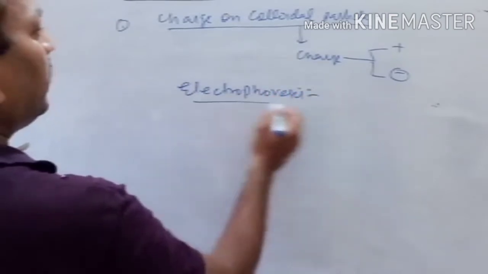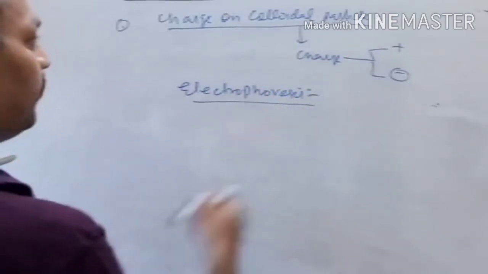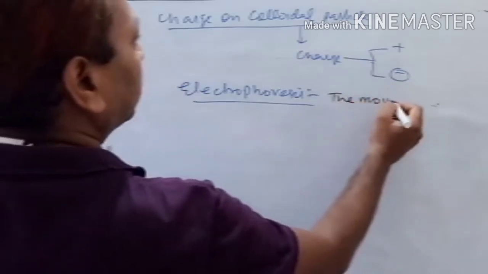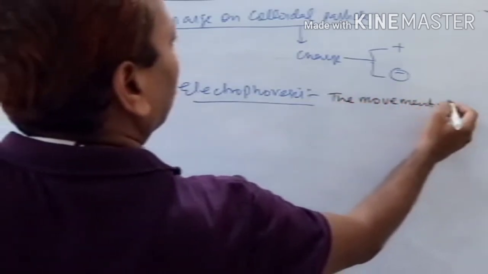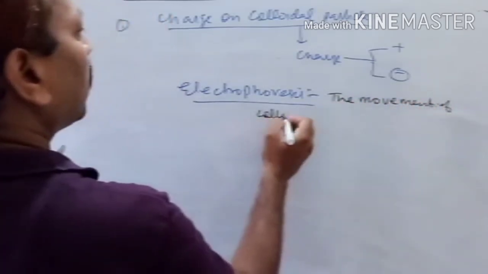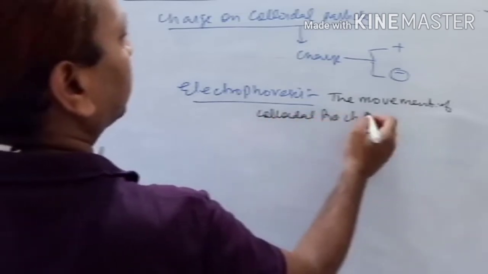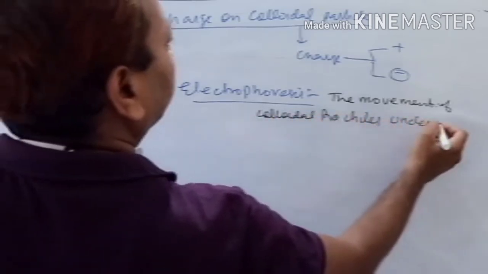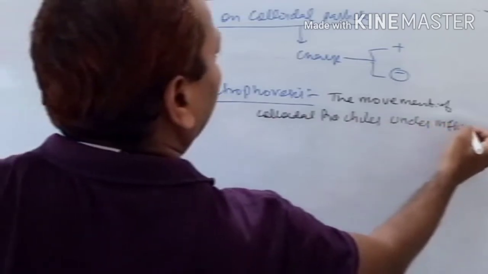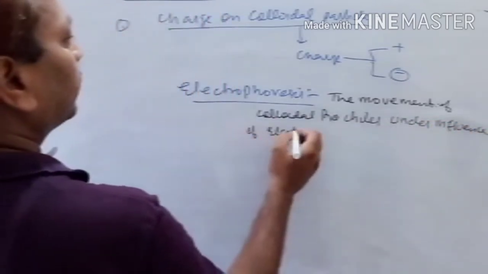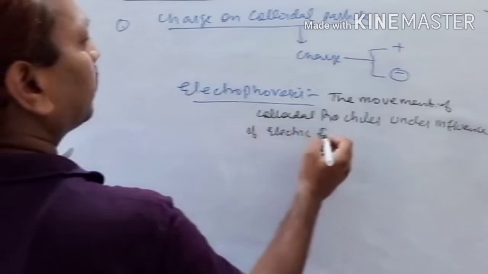What is electrophoresis? The movement of colloidal particles under the influence of an electric field, children.